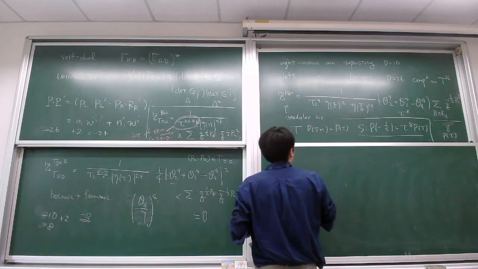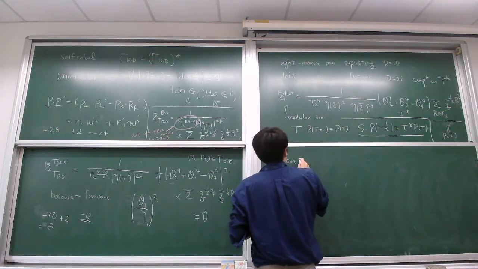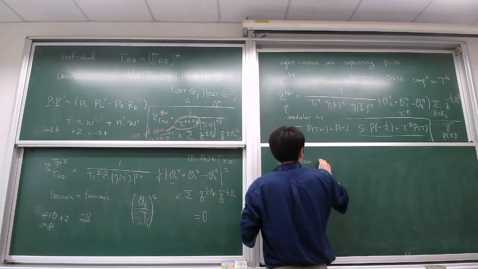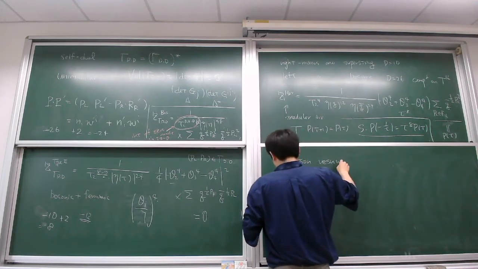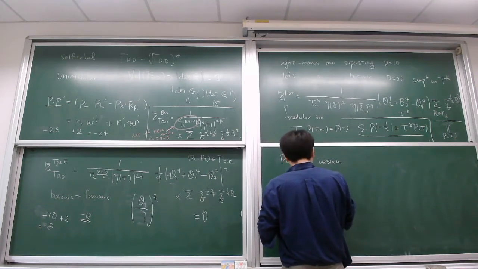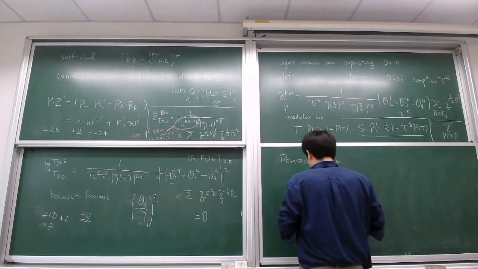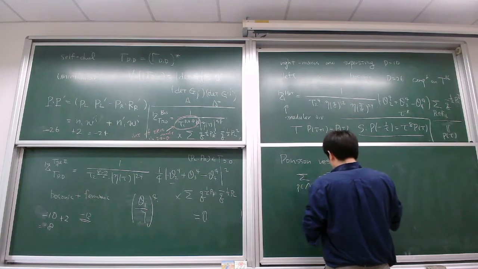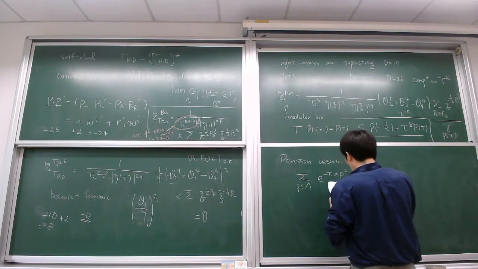Then again we use the Poisson summation formula for the lattice, which is given here. I'm going to write it in a very schematic way. What we need is essentially this part.